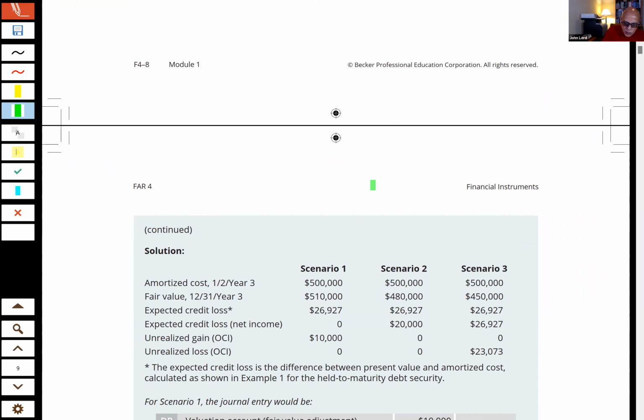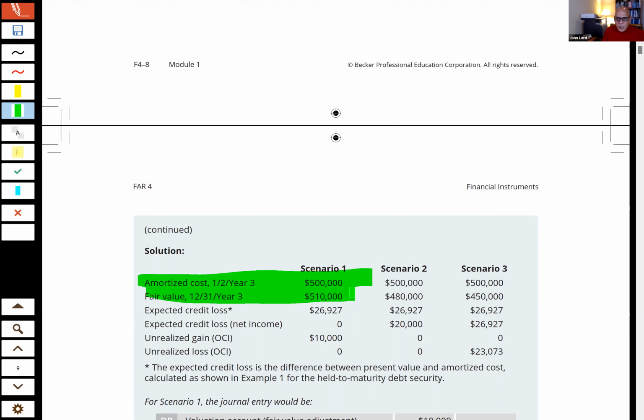And what happens? Well, they tell us that the amortized cost is 500,000. The fair value, though, is 510. Now, what I find a little annoying here, and I don't know if FASB was bored when they came up with this whole thing, is I'm looking at that and thinking, well, why would there be an expected credit loss when the security has a fair value that's more than its amortized cost?